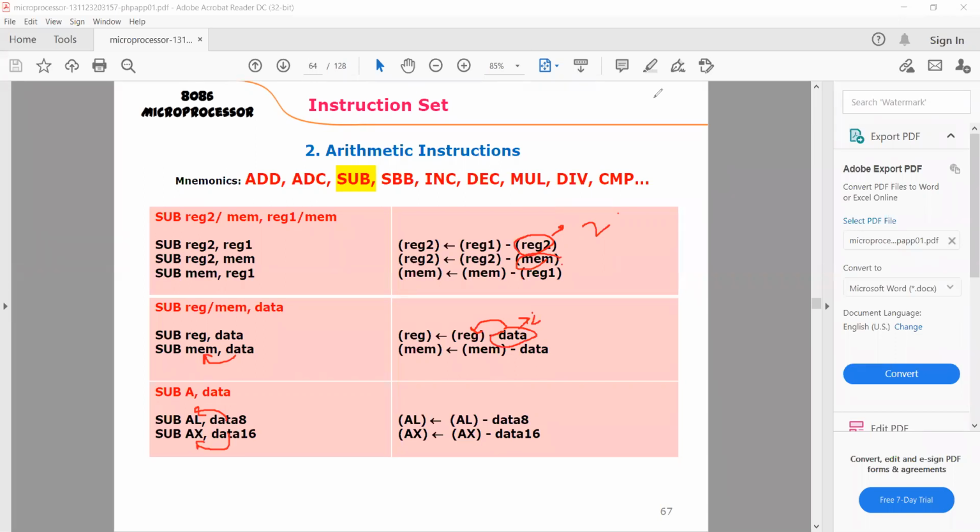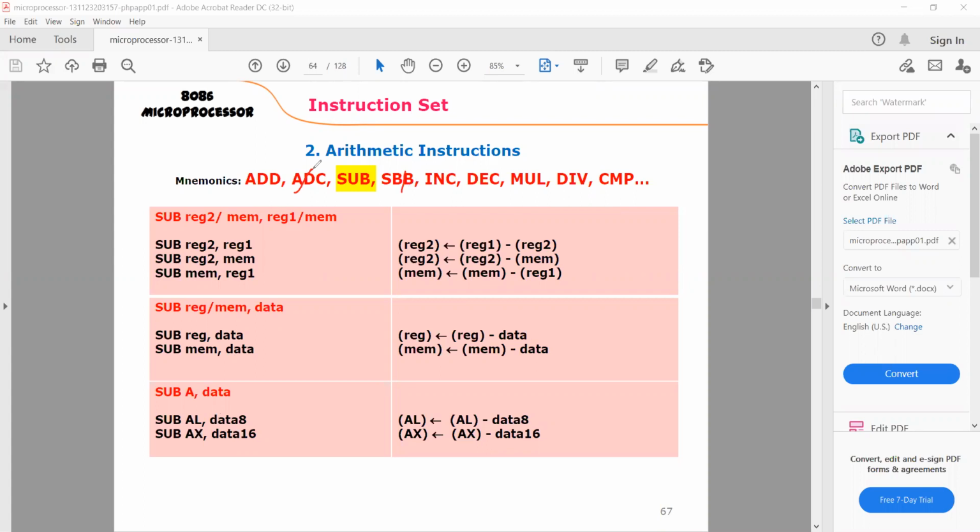This is about subtraction. The next one is subtraction with borrow. This is similar to addition with carry. In addition we get a carry, but in subtraction we get a borrow. That is why we use subtraction with borrow.